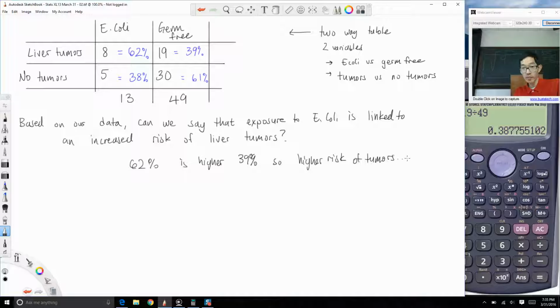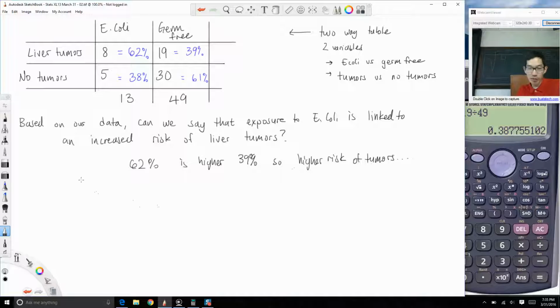Okay, but this kind of conclusion, I would say, does not take into account random chance. Okay, does not take into account just maybe we got unlucky mice or something.